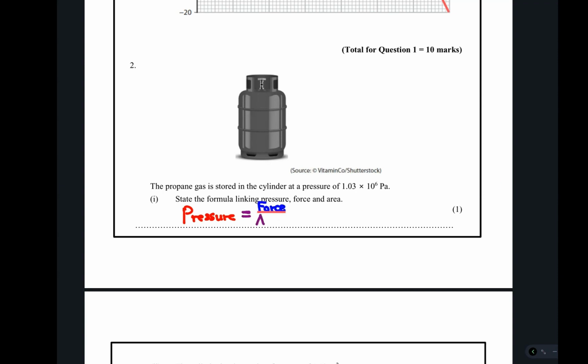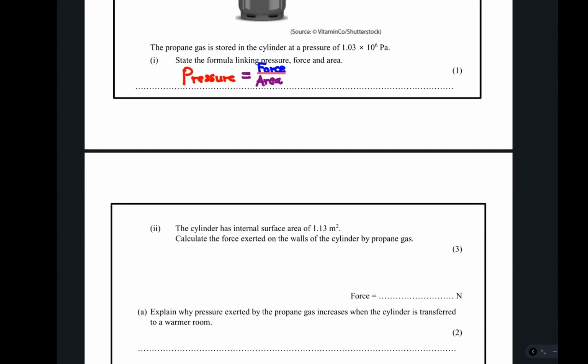Remember, force should be in Newtons and the area should be in meters squared. The cylinder has an internal surface area of 1.13 meters squared. Work out the force exerted on the walls of the cylinder by propane gas.